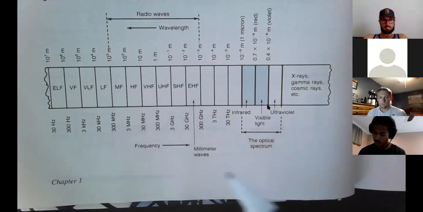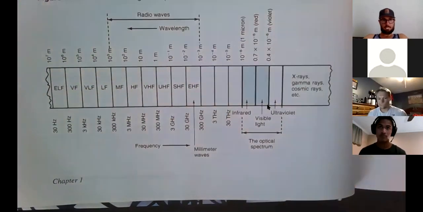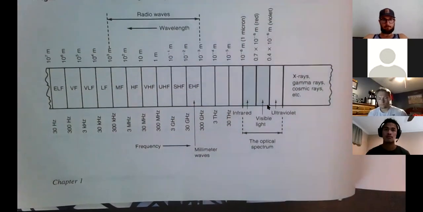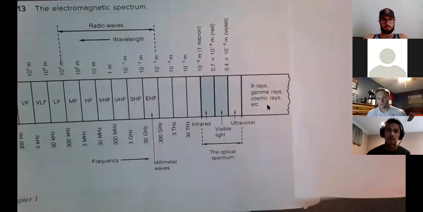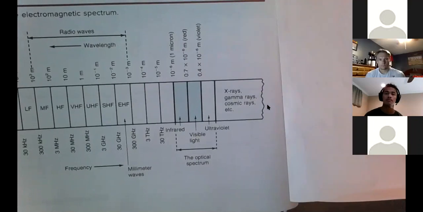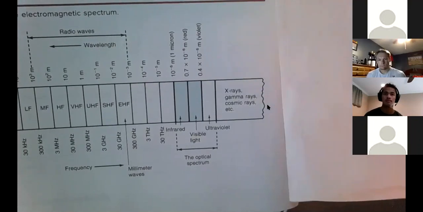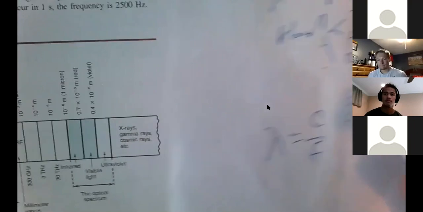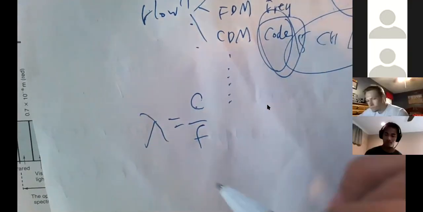What are we talking about? Millimeter. We are talking about the lambdas, the wavelengths. So this is lambda. What is this?